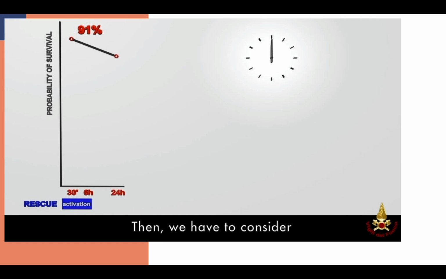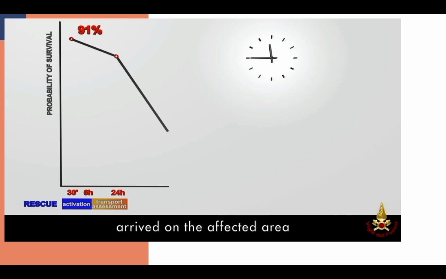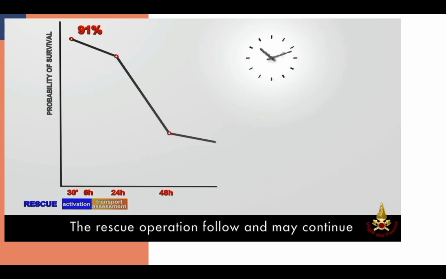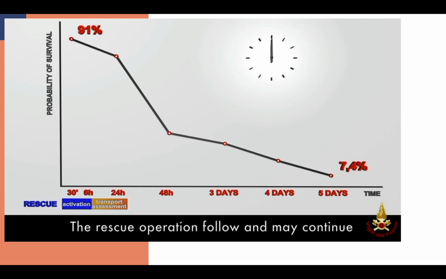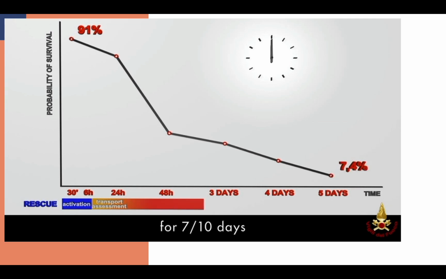Then, we have to consider the time for transportation and for assessment. The assessment should start as soon as the first team arrives on the affected area. The rescue operation follows and may continue for 7 to 10 days.